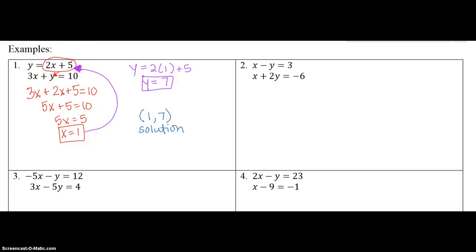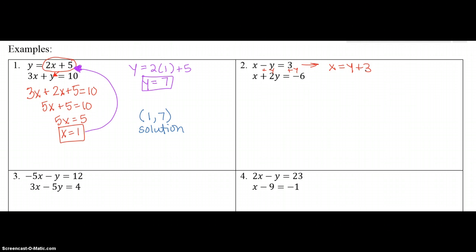If I look at number 2, personal preference draws my eye to this x right here, and I'm going to say, oh, well, if I just add y to both sides, I get x equals y plus 3. That was really easy. I don't have to divide by anything. I don't get any fractions.